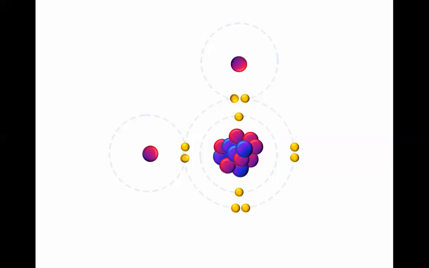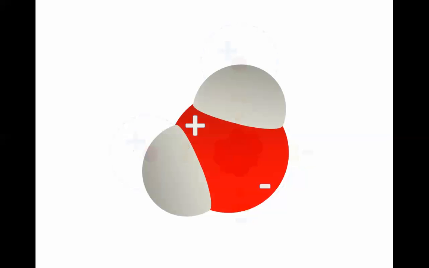And because we've got this unique shape, we've got these positively charged protons kind of hanging off of one side of the water molecule, and more negatively charged electrons on the other side of the molecule. So when I draw a simple cartoon representation of water, it's got one side that's just a little bit positive and one side that's just a little bit negative.